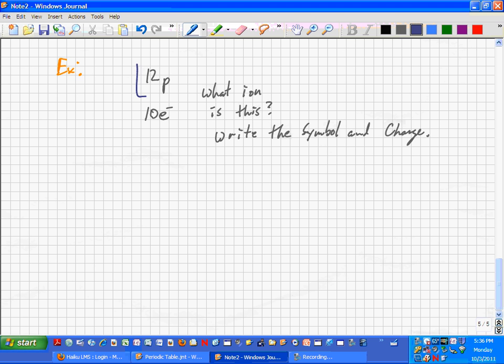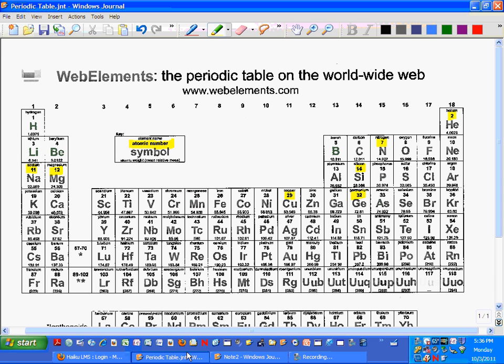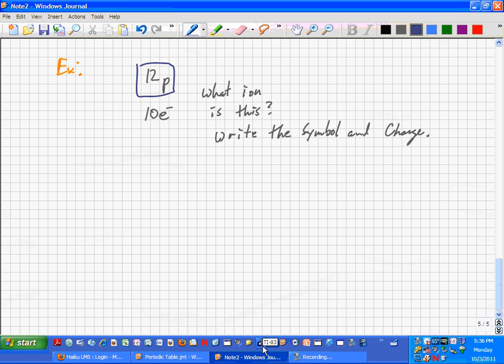I know that it's got 12 protons, so I go to the periodic table and look up 12, and there it is, magnesium. So I would write my symbol, magnesium, and it's going to have a charge because I've got an unequal number of protons and electrons.